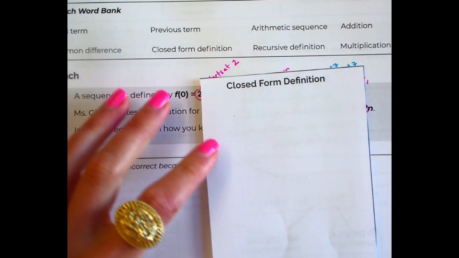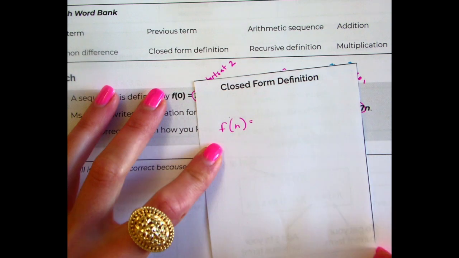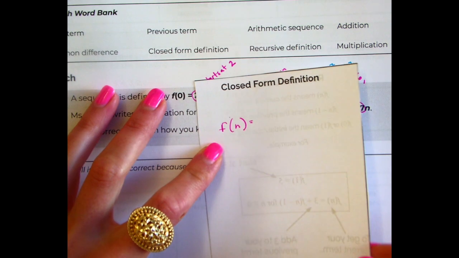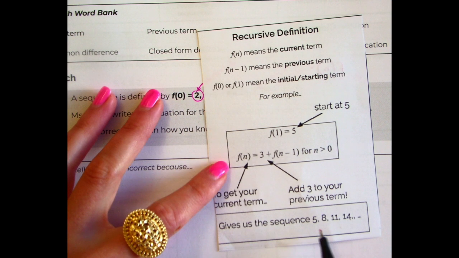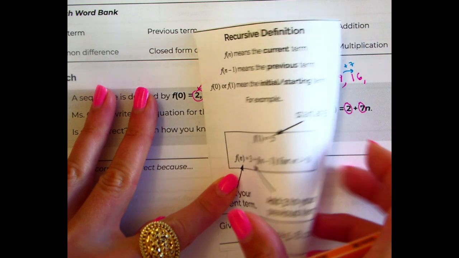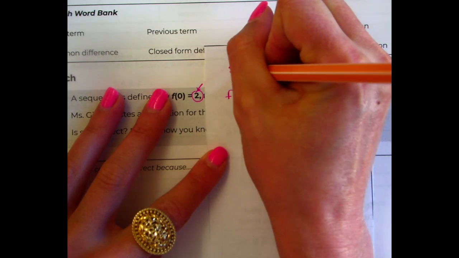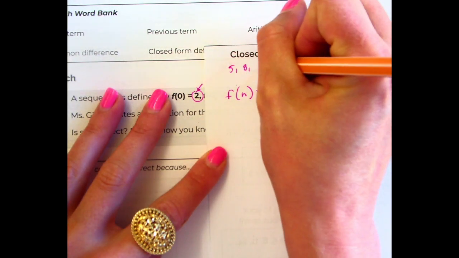Okay. So I can see my initial term is 5, and then to get from 5 to 8, that's adding 3. From 8 to 11 is adding 3. 11 to 14 is adding 3. So it looks like my common difference is 3, and my initial term is 5.